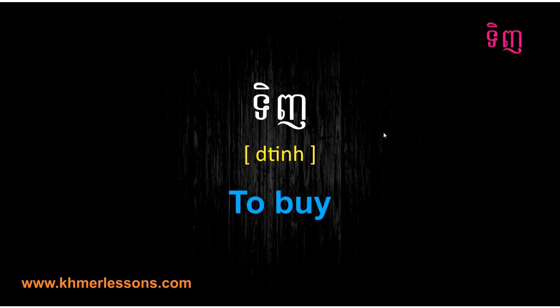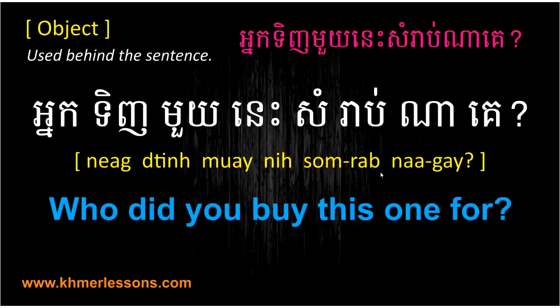Next one, to buy. In Khmer we say ទិញ. Let's see an example. Who did you buy this one for? In Khmer you say you bought this one for whom.